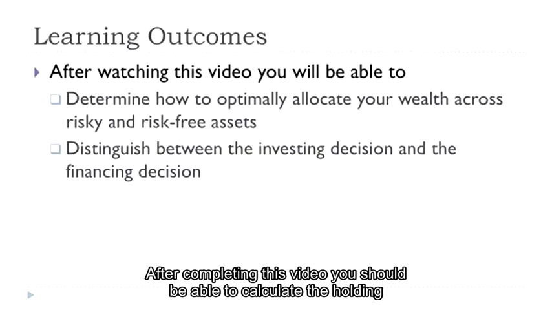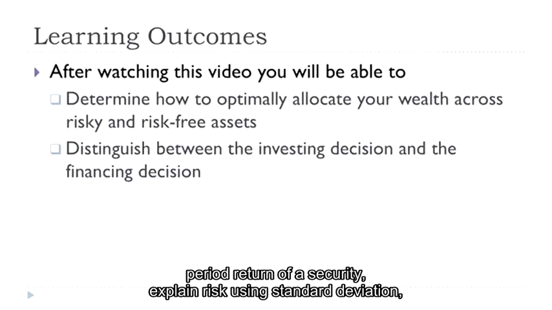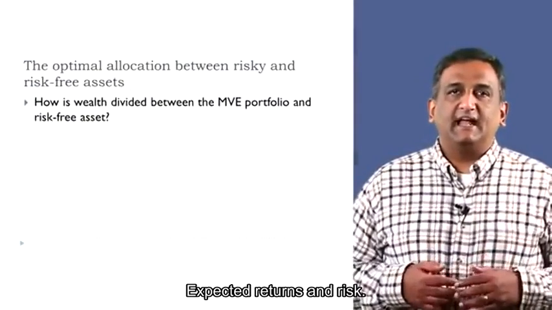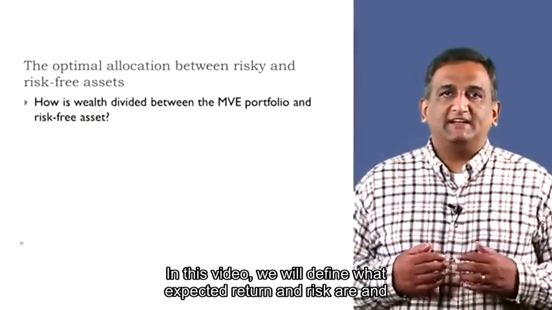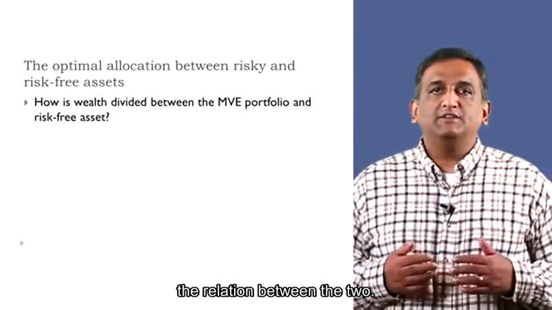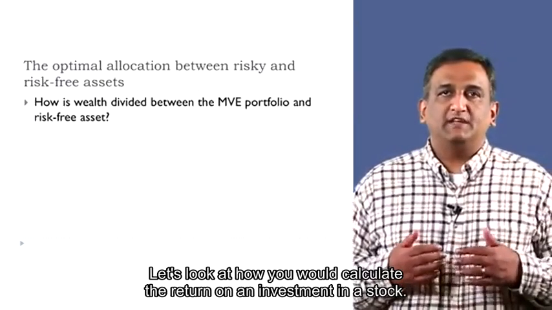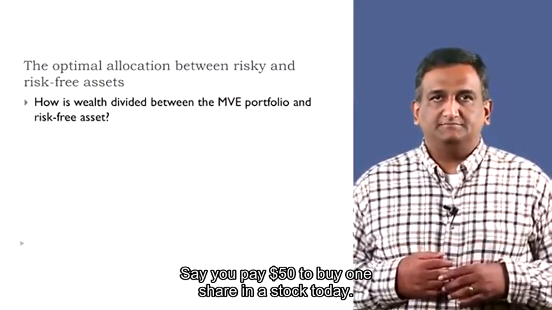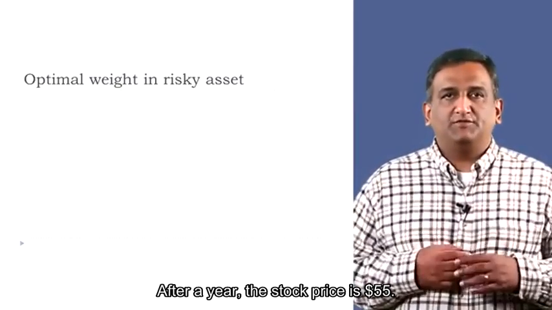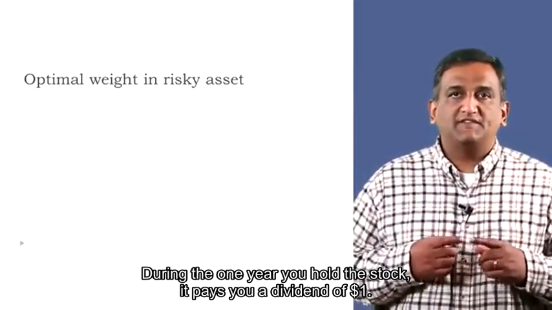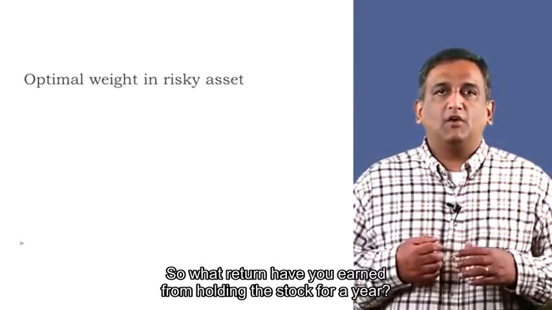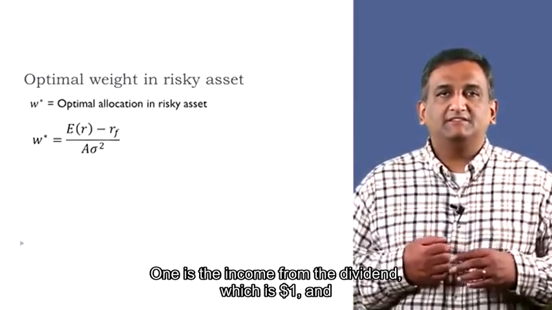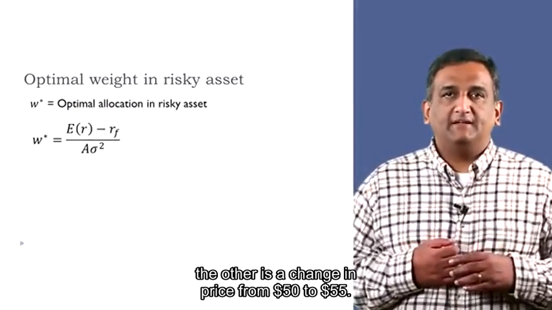We want to calculate a pair of weights that maximizes the difference between the expected return of the portfolio and the risk-free rate of return divided by the standard deviation of the portfolio's returns, such that the expected return of the portfolio equals W times the expected return of X plus 1 minus W times the expected return of Y. And the standard deviation of the portfolio's return is the square root of W squared times the variance of X's returns plus 1 minus W the whole squared times the variance of Y's returns plus 2 times W times 1 minus W times the covariance between X and Y's returns.